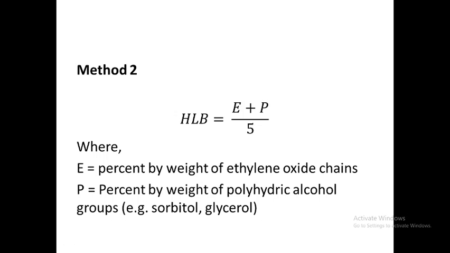The ethylene oxide chain we have discussed already, these are present in the Tween surfactant structure. So how much is the percent by weight of this ethylene oxide chain and how much is the percentage by weight of polyhydric alcohol groups which contribute to the hydrophilicity of a surfactant. Based on these two different weights, you can calculate the HLB value of a given surfactant.